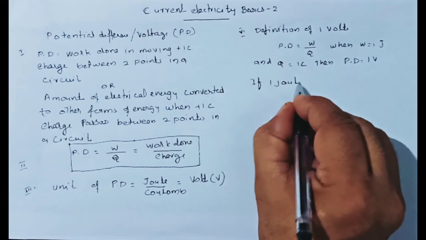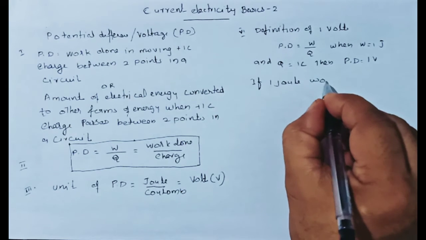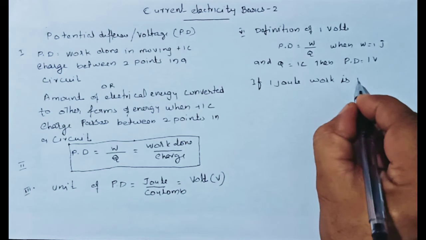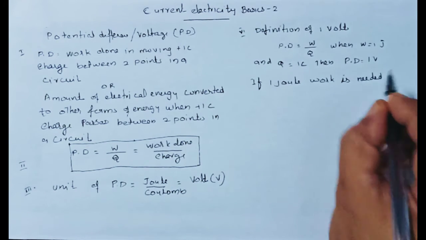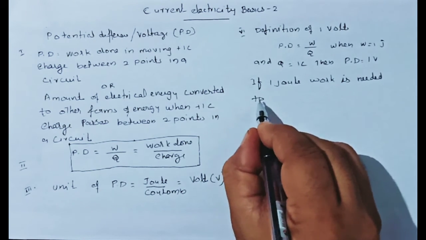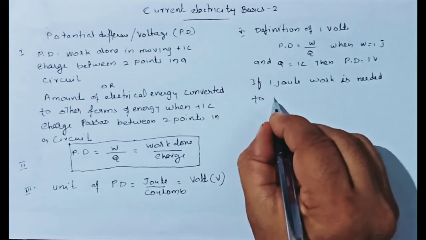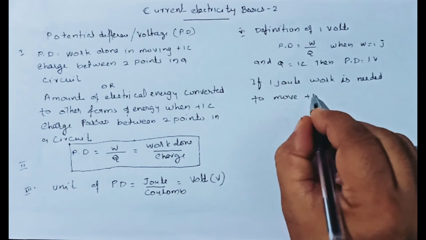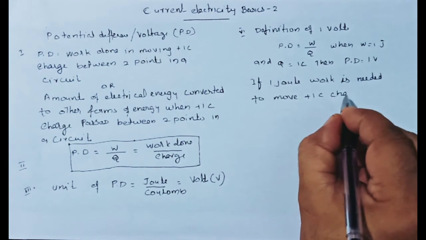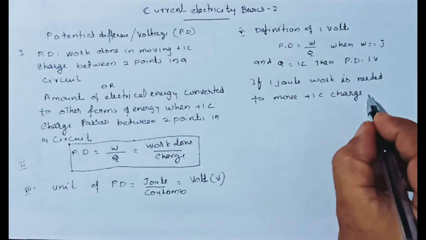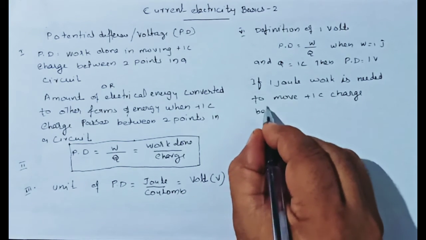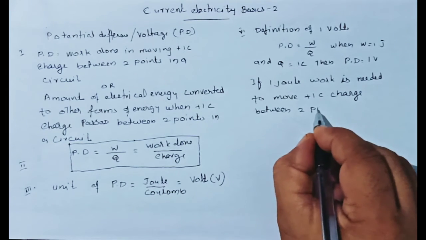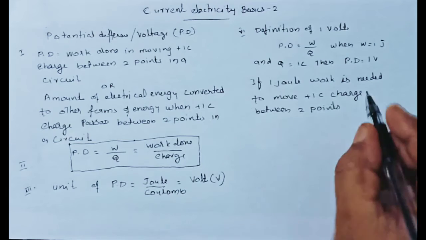You understand? If 1 joule of work is needed or being done to move 1 coulomb positive charge between 2 points in a circuit, then the potential difference between those 2 points is 1 volt. So you can say it either way. Either electrical energy is being converted into other forms, or work is done on the charge to move it from one point to another point in the circuit.